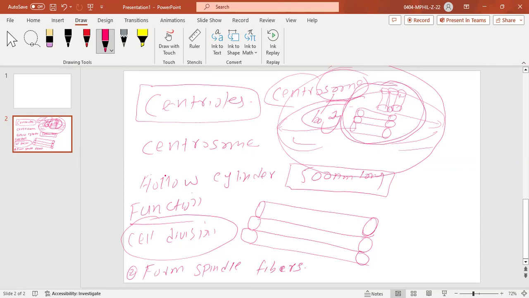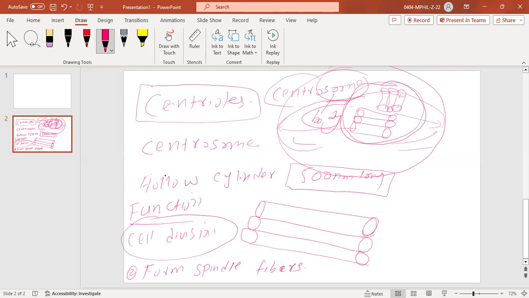And what is the function of these spindle fibers in case of a cell? If you know about this, what do you think? Pulling the centrosomes to the sides. Chromosomes, yes, because the chromosomes which are arranged on the spindle fibers, the centrioles will pull the spindle fibers back to the opposite poles.